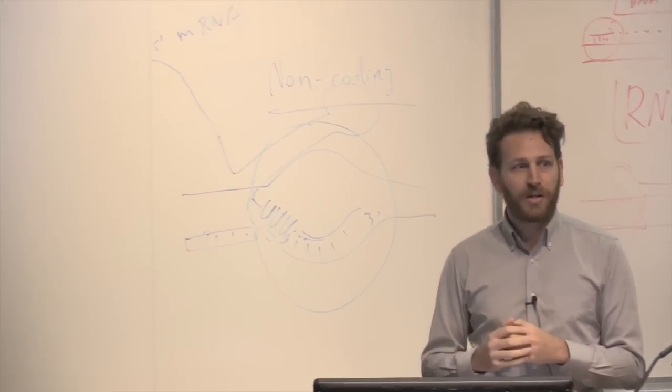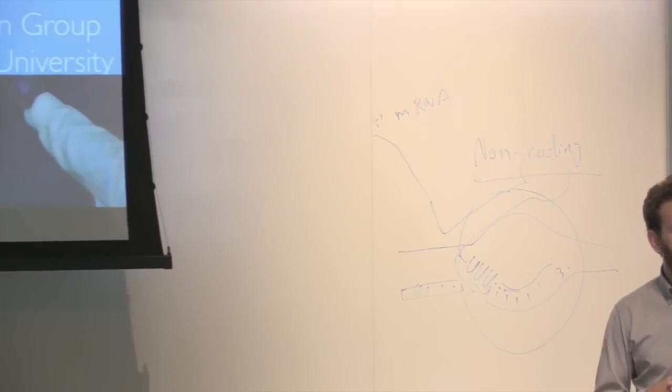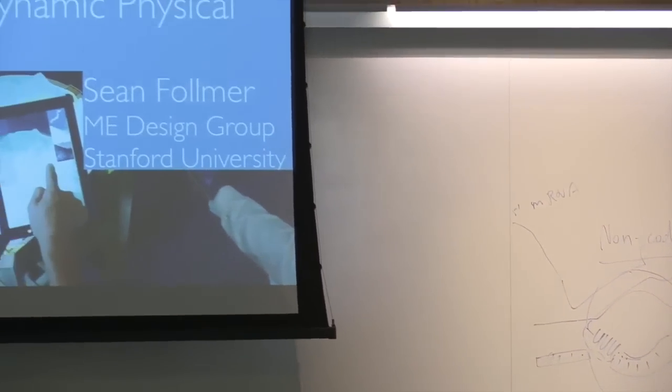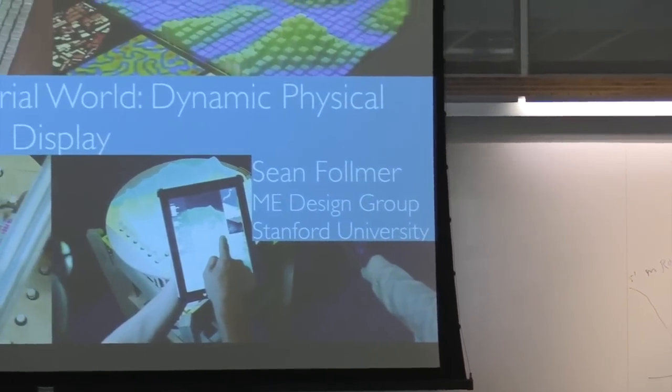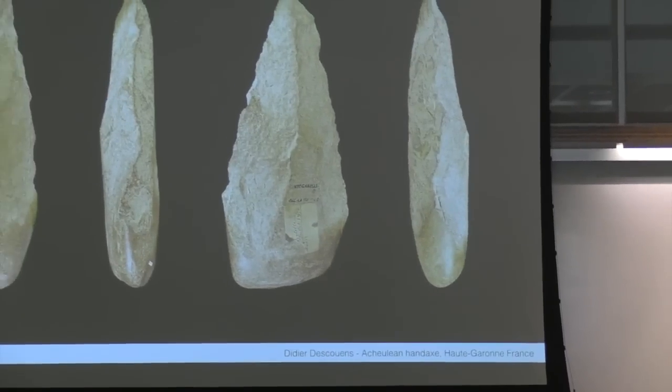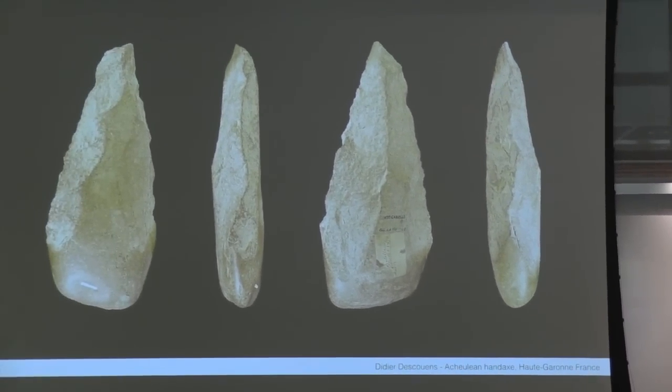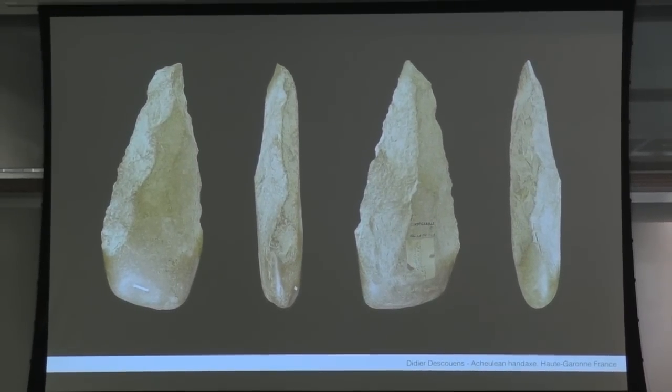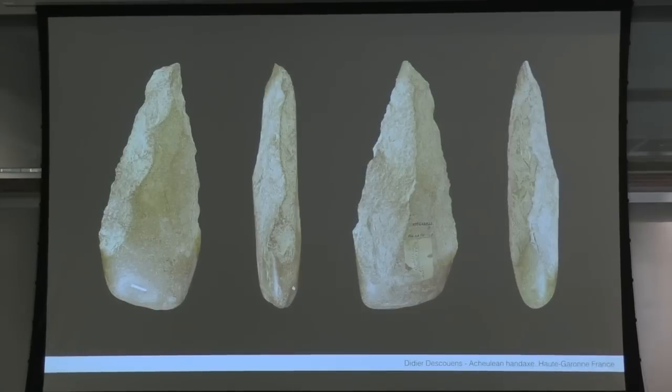So to start with, in the mechanical engineering department and in human-computer interaction in general, we think a lot about tools. If we think back to the origins of humans and look at our evolution, what we find is that tools, as well as our manipulation of tools, really is central to our ability to think. These are hand axes from hundreds of thousands of years ago that really shaped our ability to manipulate the world, as well as our ability to think about the world.